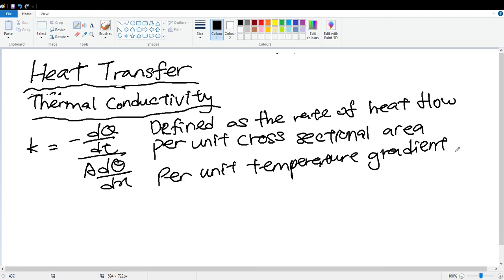So this is the definition for thermal conductivity.